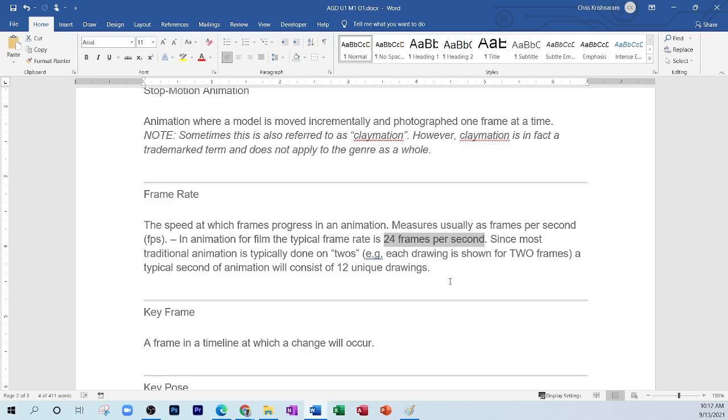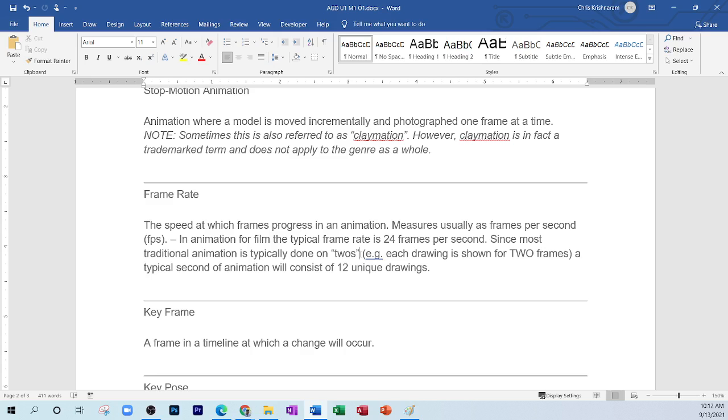But what some persons started doing is that they used the images in twos. That would have reduced the workload. So when they say they are doing the animation in twos, it basically means that instead of using one image for one frame, they are now using one image for two frames.